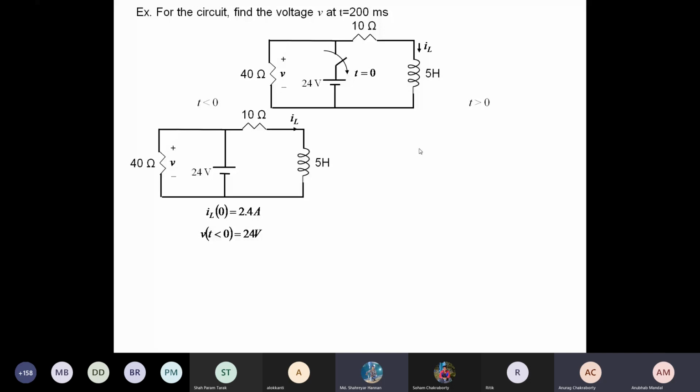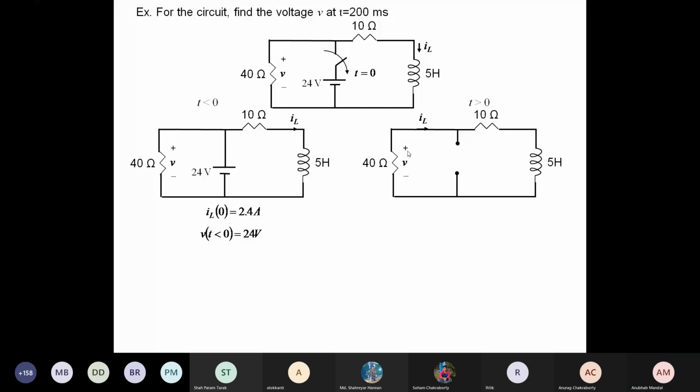Okay, we'll see. Now for t greater than 0, we draw the circuit. If it is a different circuit, we will have to draw it, and we will have to take the initial conditions from the previous circuit. So for t greater than 0, this is the circuit.